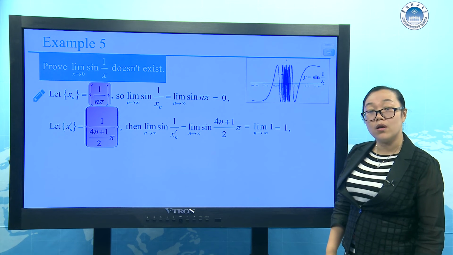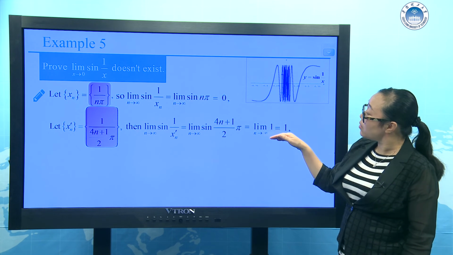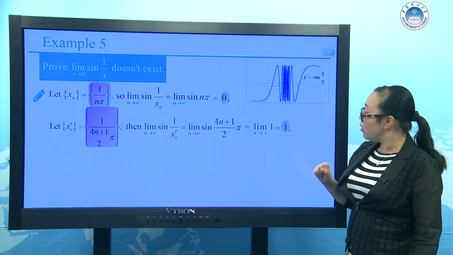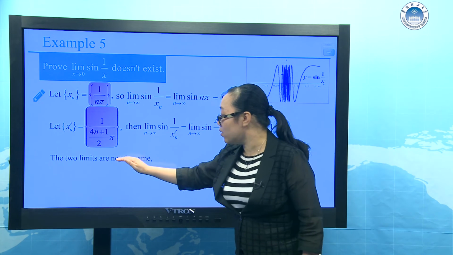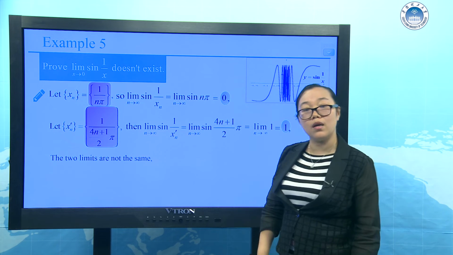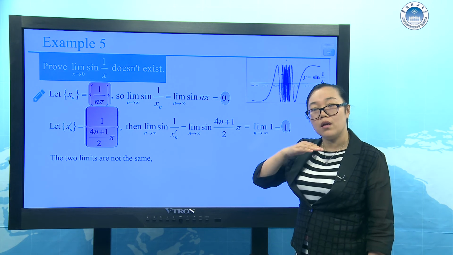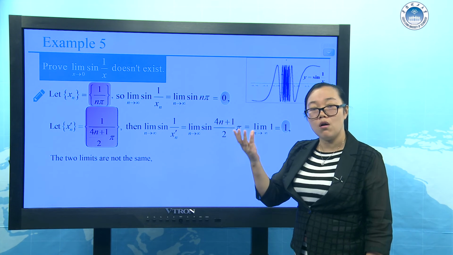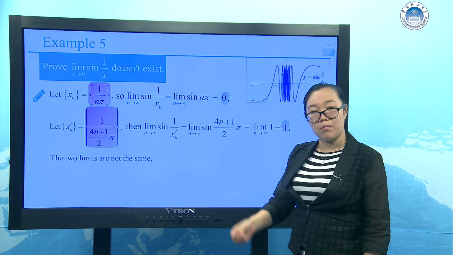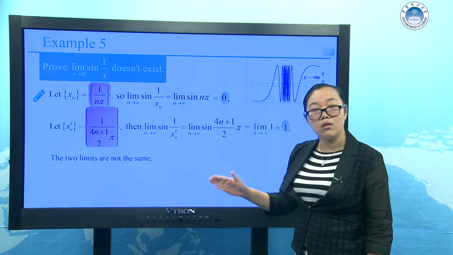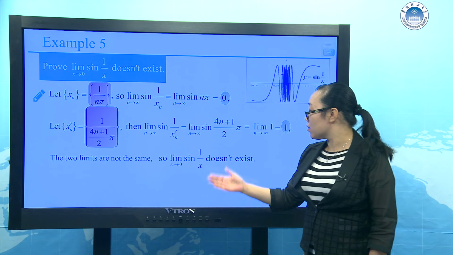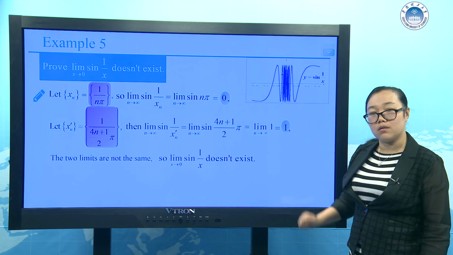At this time, there are two limits. One is 0, another is 1. The two limits are not the same. If the limit exists, it means at every special point we always have the same number. But in this question, the two limits are not the same. This means the limit doesn't exist.